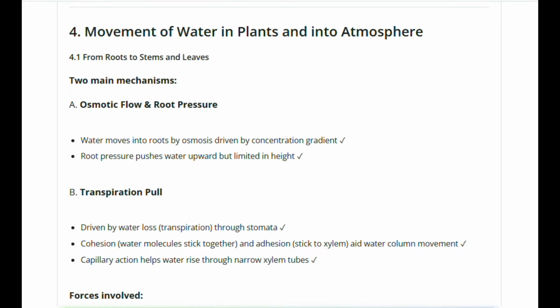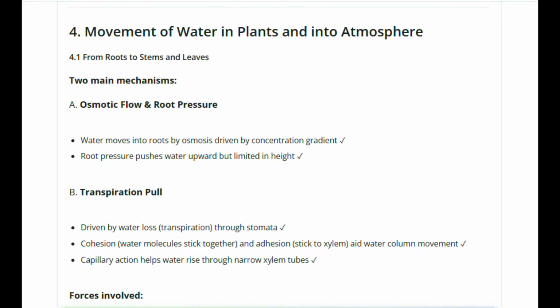So osmotic flow and root pressure is when water moves into roots by osmosis, driven by the concentration gradient, right? Root pressure pushes water upward, but it is limited in height. B. Transpiration pull, driven by transpiration rate, facilitated by cohesion of hydrogen-bonded water molecules.